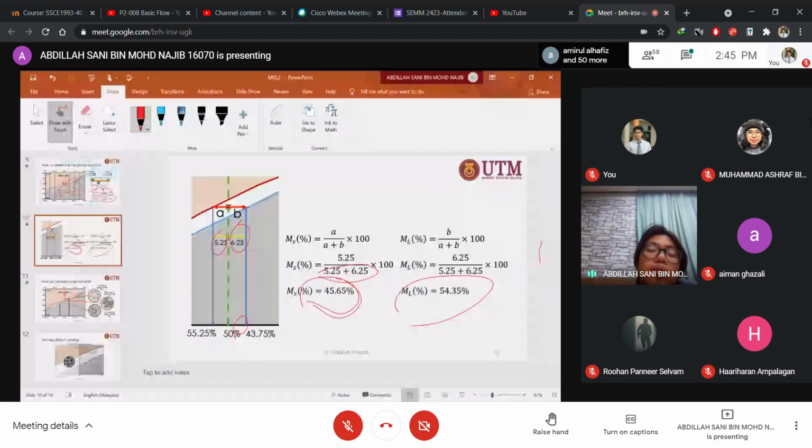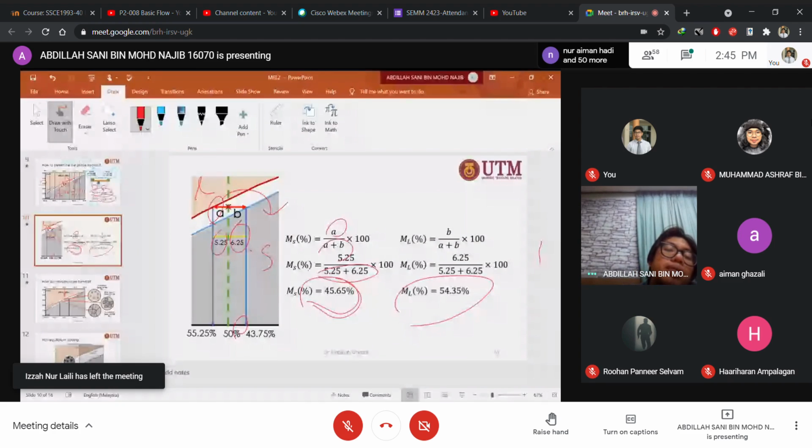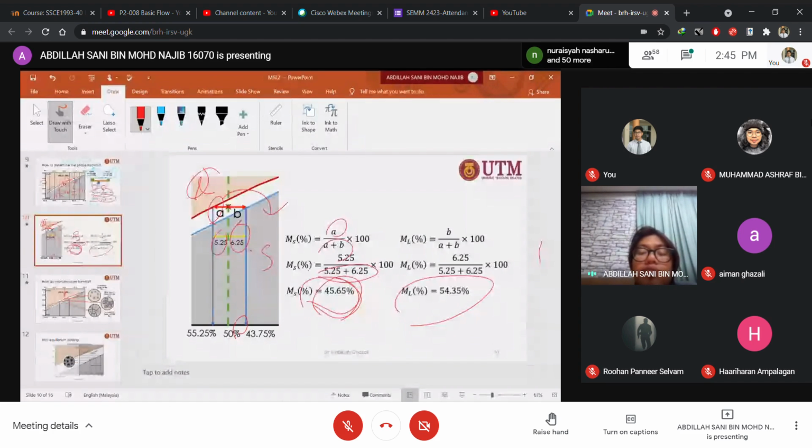So for the solid, you use A divided by A plus B, and then you get 45%. If you want to know about the liquid, you use not A but B. You divide B by A plus B, and you get 54%. All right, so that is the level rule. I hope you understand these two concepts of the tie line and the level rule.